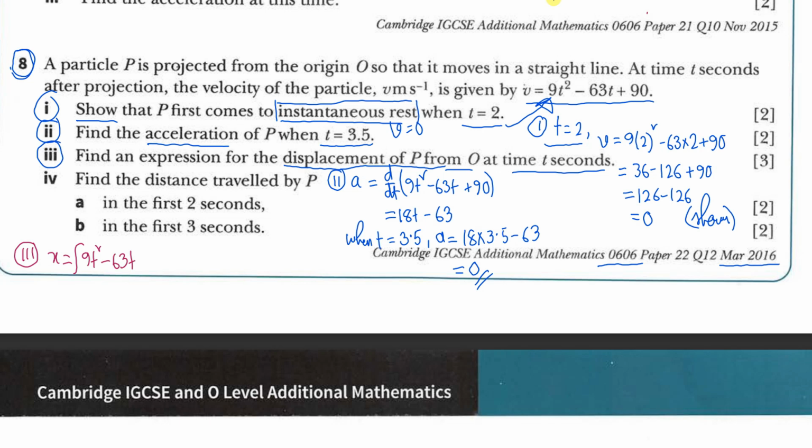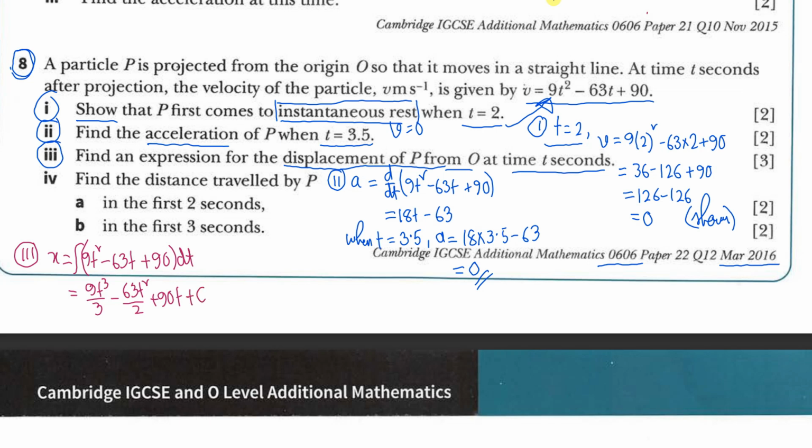While you are doing kinematics questions, you need to know all the differentiation and integration to do the maths quickly. So the integration is 9t to the power 3 over 3, which is the basic integration, then minus 63t squared divided by 2, plus 90t, plus c.